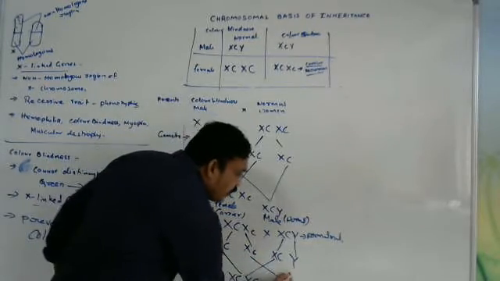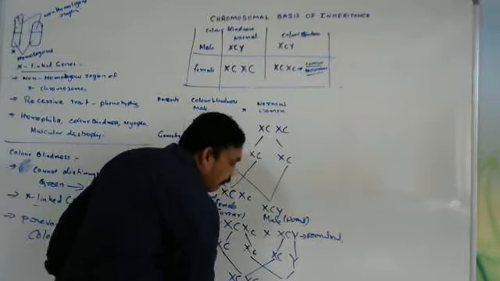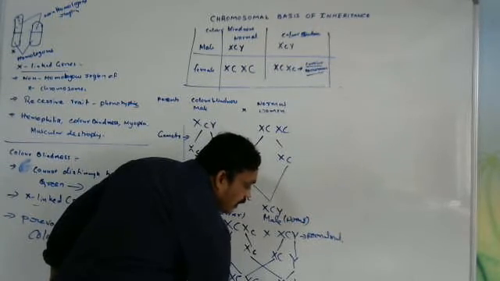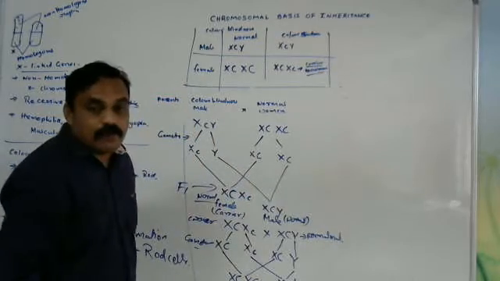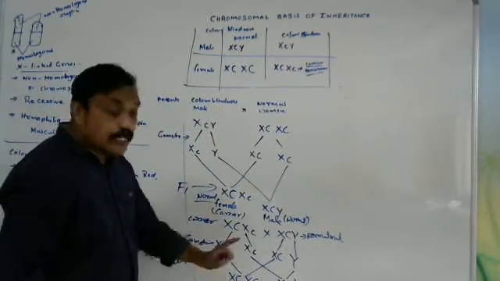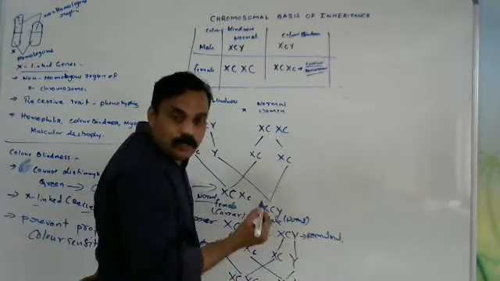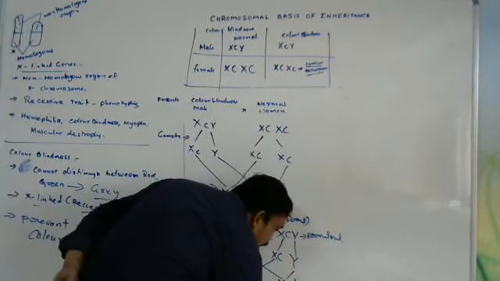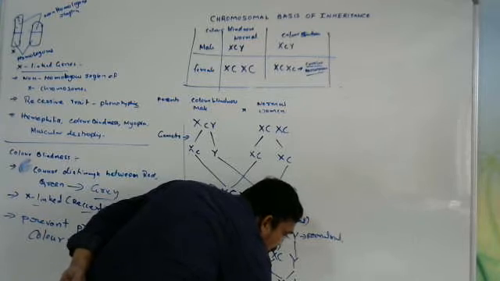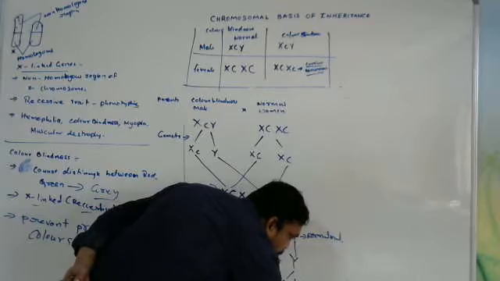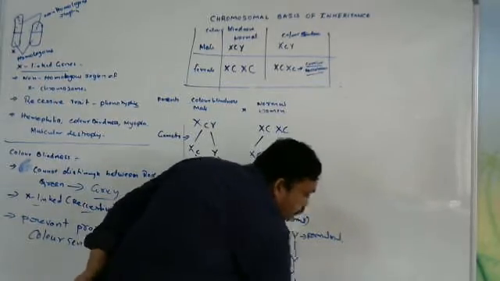This recessive trait interacts with capital Y, giving X small c, capital Y. It is the cause of color blindness. XY means a male, a color blind male.